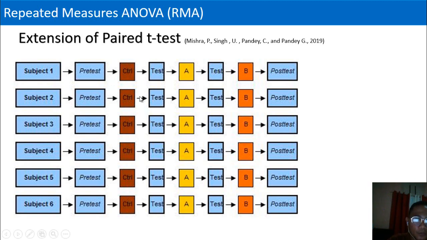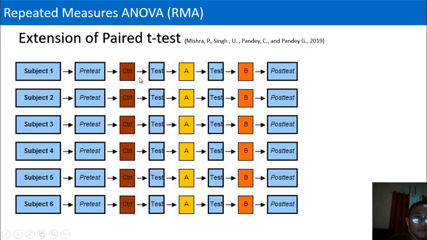Then this arrow represents a certain direction that you need to test after a certain protocol. After testing, all of them will undergo treatment A, then another test, and after some time, this arrow represents the time interval, treatment B is administered. Then after that, we have the post-test.